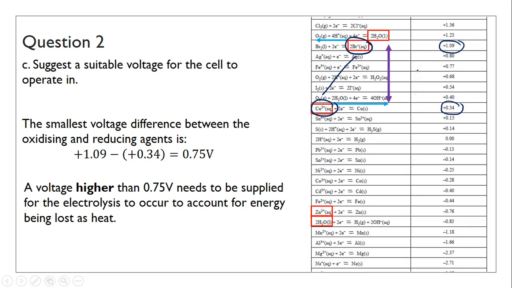So essentially what you're after is any voltage higher than 0.75 would do. So I can say 1.0. You can say 10. It's a little bit, don't say 10. Just be reasonable. A voltage of 10 would cause a few issues as well with side reactions, which we'll talk about in the future. So anything higher than 0.75 would be acceptable.